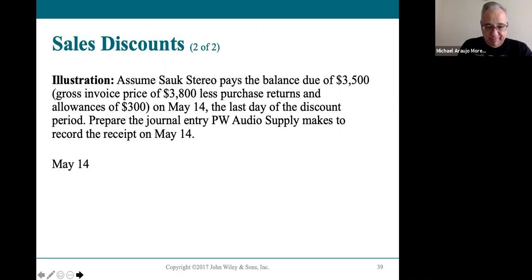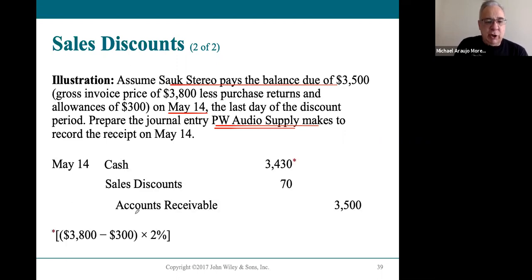So, Sock Stereo pays early, which means they are paying with a discount. They paid on May 14th, so that's in a 10-day period of time. So PW Audio is receiving a smaller check because they allowed a discount. So how does it show up on PW Audio's books?